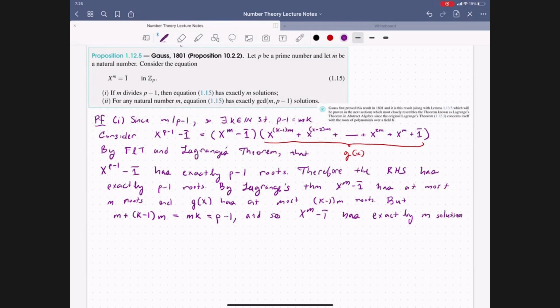And we also have that g of x has exactly k minus 1 times m solutions. And so we are done with this. Oops, that was supposed to be k minus 1 times m.